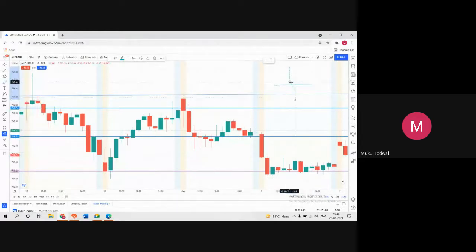The upper tail should be bigger. Okay, so that is known as an inverted hammer. This is a very good inverted hammer, followed by a green candle. This should be a red candle. Okay, just ignore this. But this was an example of an inverted hammer.